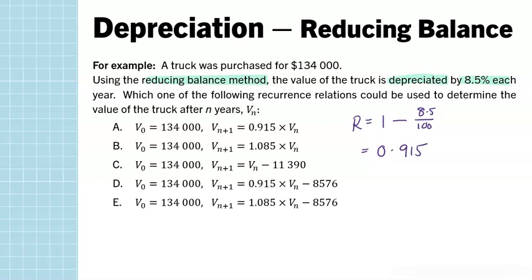And the form of my geometric decay should be Vn plus 1 is the multiplier R times my current value. The one that matches this will be answer A in this case, where V0 is the initial purchase price, $134,000, and we have the correct multiplier there for R.